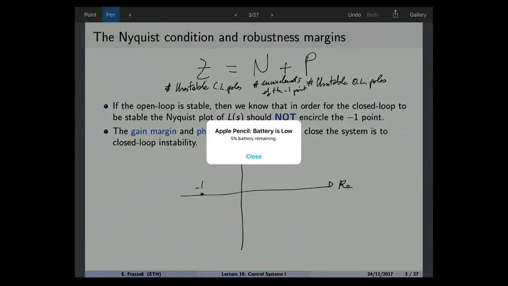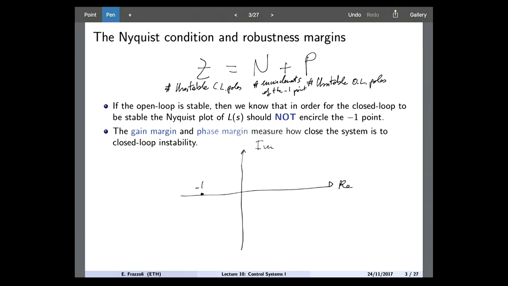Then what I want is that my Nyquist plot can be anything, as long as it does not encircle the -1 point. As long as I don't go around the -1 point when I draw my Nyquist plot, then I know that my closed loop system will be stable.